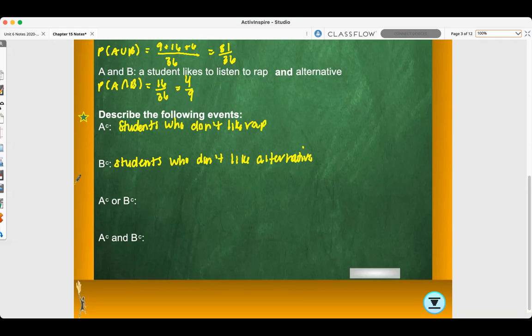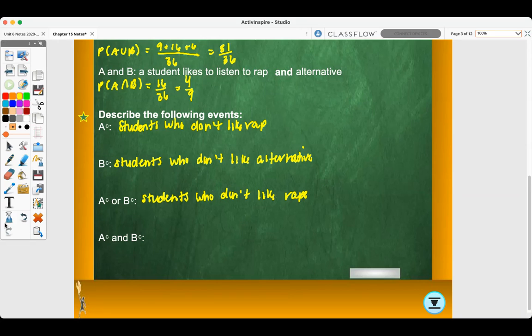A complement or B complement. These are students who don't like rap or don't like alternative. A complement and B complement are students who don't like rap and don't like alternative.